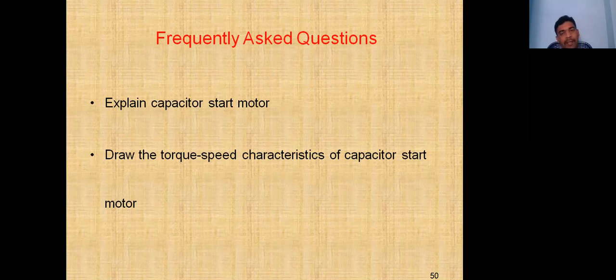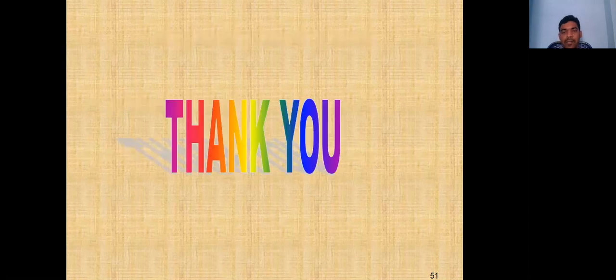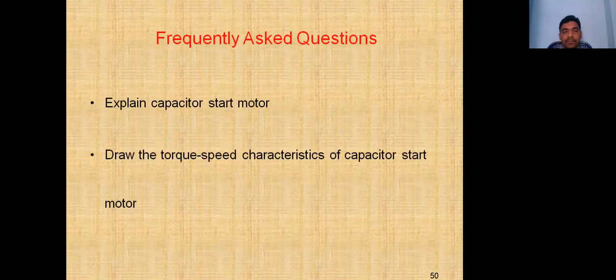Draw the torque speed characteristics of capacitor start motor. These are the frequently asked questions.